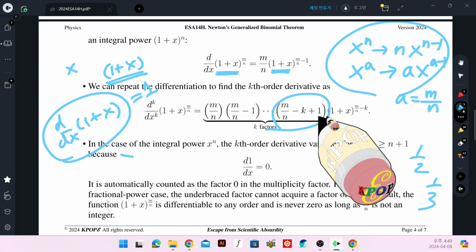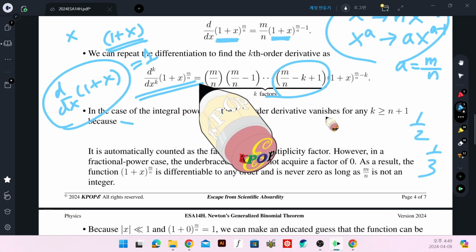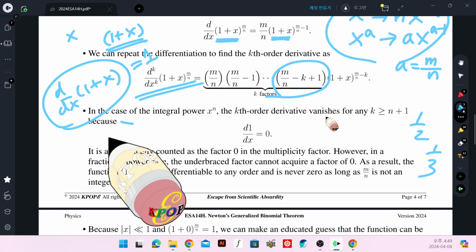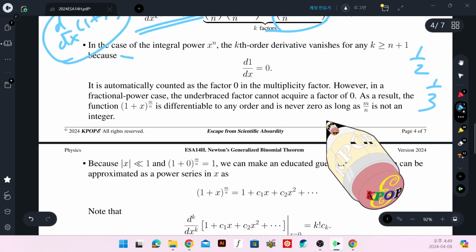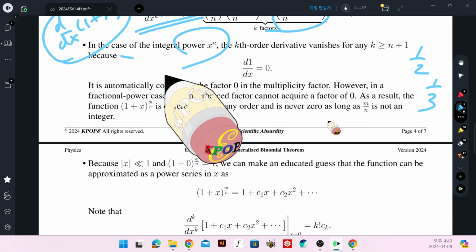As a result, the kth order derivative never vanishes. So the derivative survives to arbitrary power, to infinity and beyond. It is a striking difference from the case of integral power, which is called a polynomial.